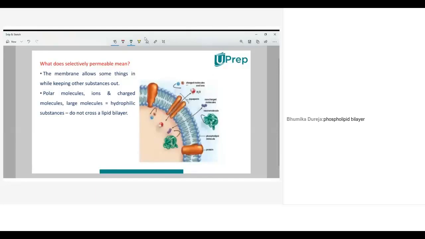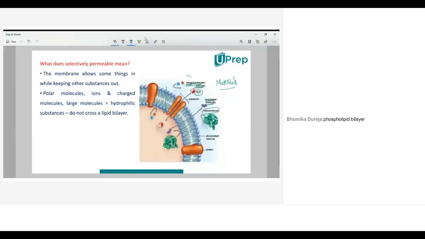They have used different molecules in the diagram: charged molecules and ions, then water molecules, then non-charged molecules, then macromolecules. All these are different materials which try to come inside the cell.